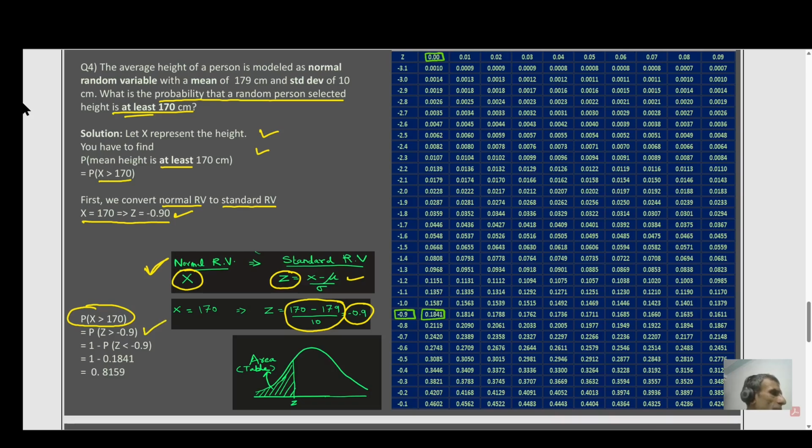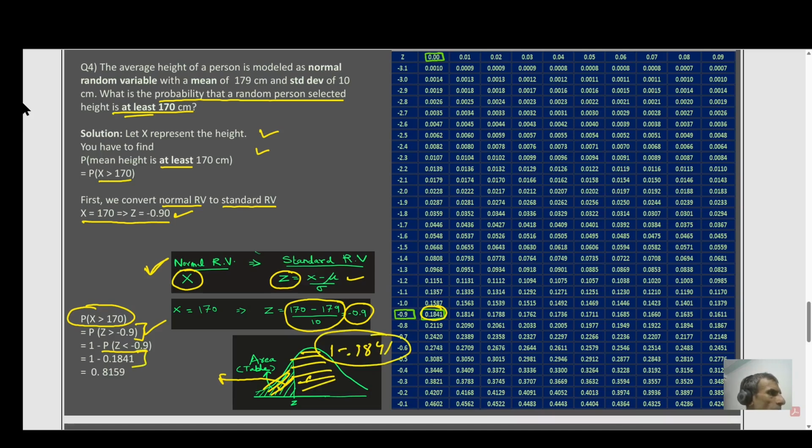But the problem is we cannot find this directly from the table. I do know the probability of z less than minus 0.9 is 0.1841. Once I know this value, the area we want becomes 1 minus 0.1841, and that's what I'm doing over here.